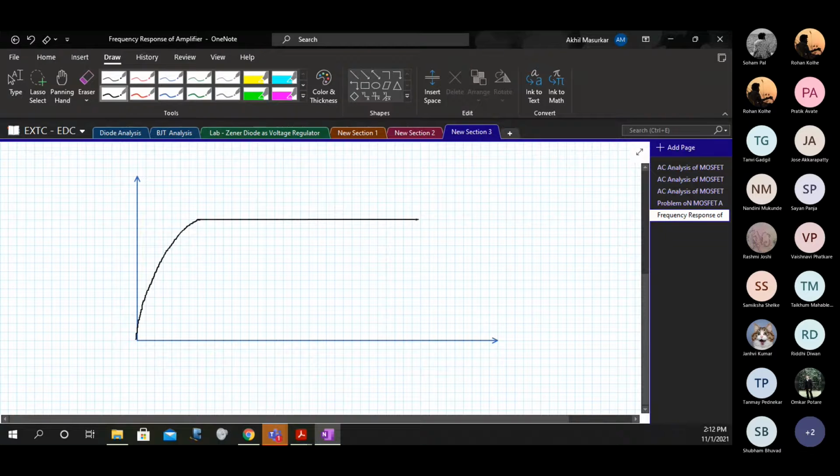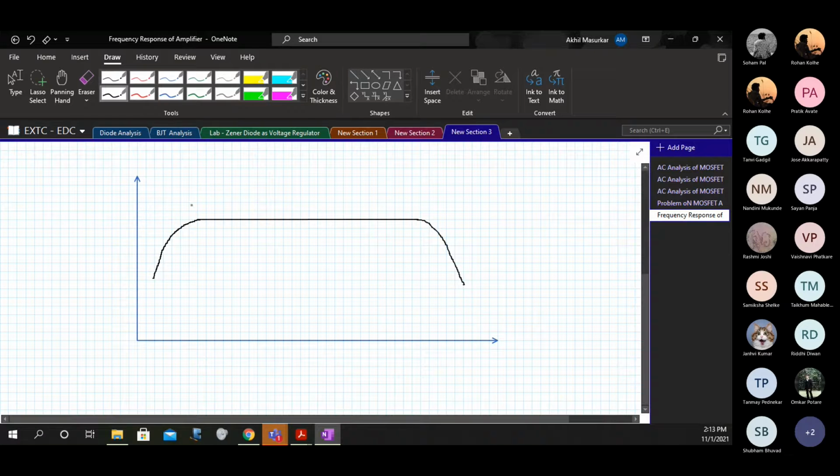So it is like this. The frequency response of the amplifier is generally like this, extending to 0, so you can just leave it this way.